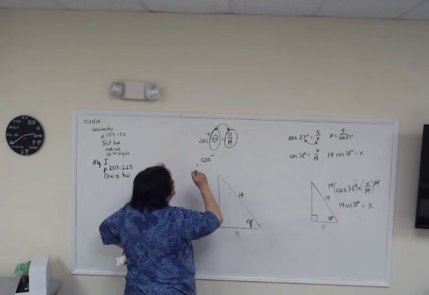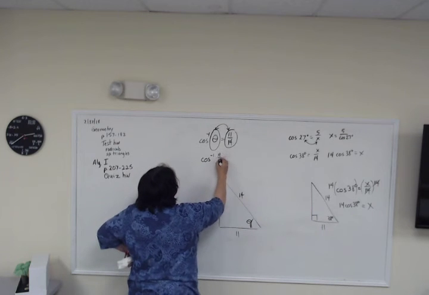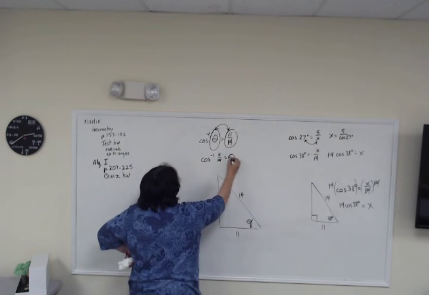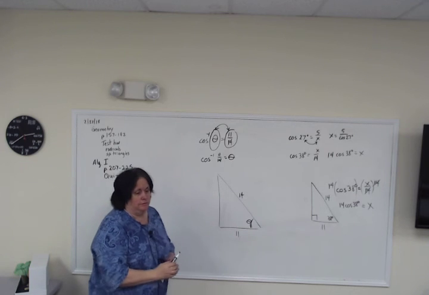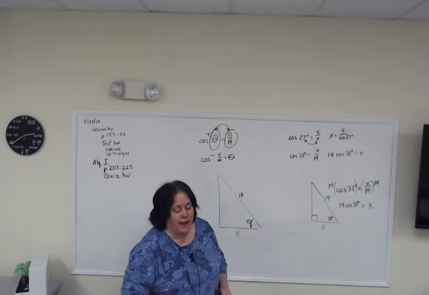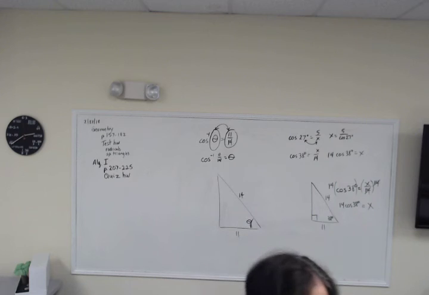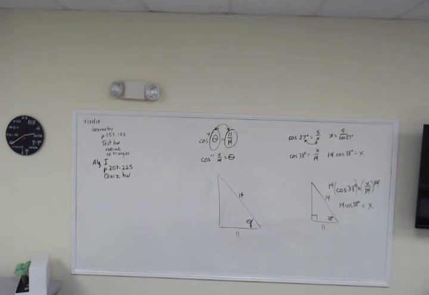Cosine inverse, or inverse cosine, of 11 over 14 equals theta. How do you find inverse cosine? Second cosine. Press the shift button and then your cosine button, and that gives you inverse cosine.